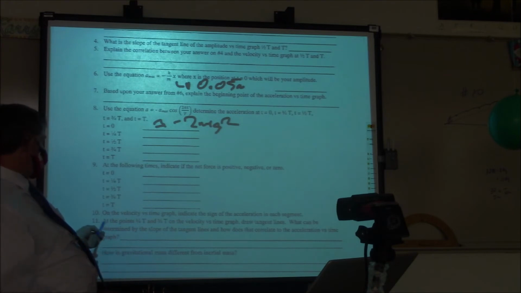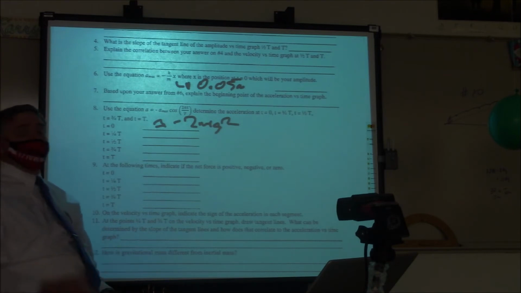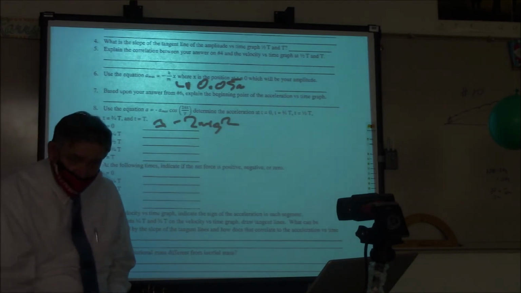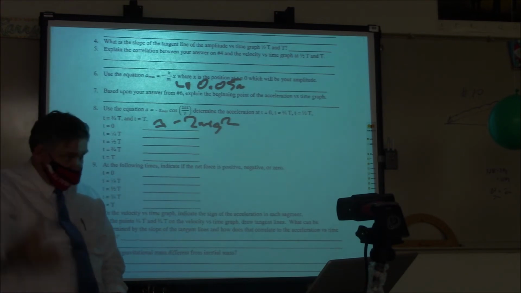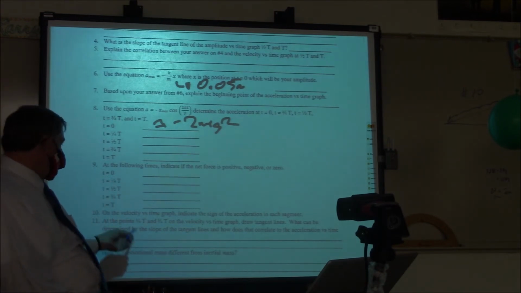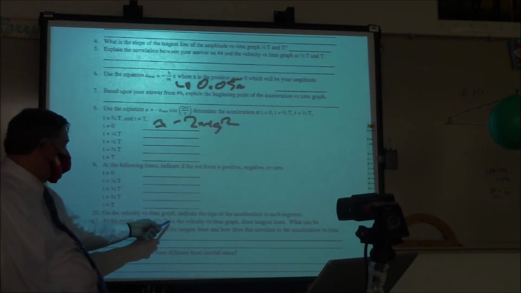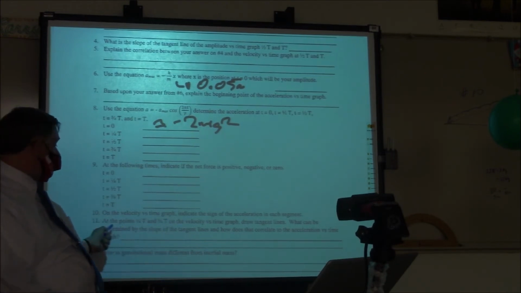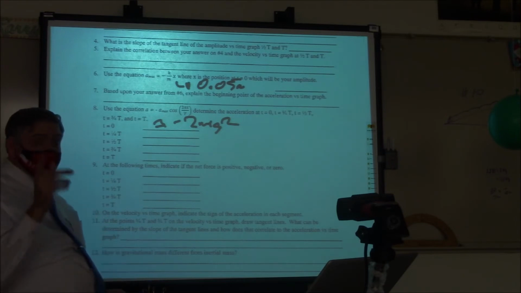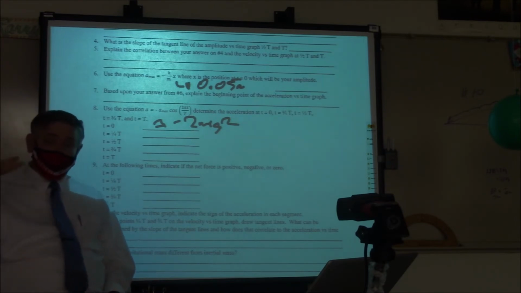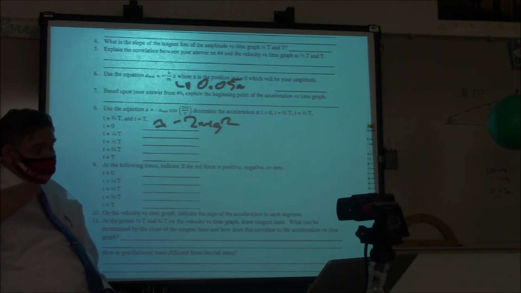So then, on number 11, do not freehand what I want done. Take some type of straight edge, and you're going to draw the tangent lines at 1/4 t and 3/4 t on the velocity time graph. This is something new. We've never talked about or drawn tangent lines on velocity time graphs.